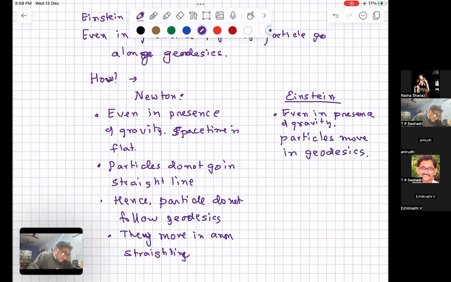Then the question arises, why are the paths non-straight?